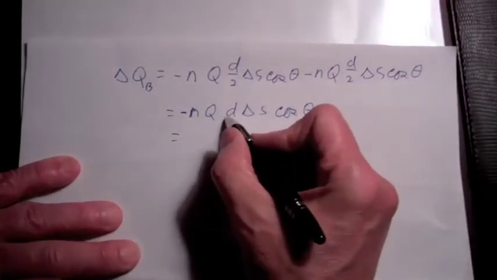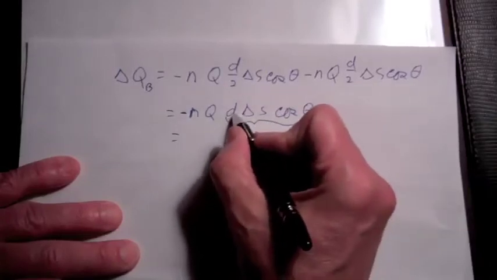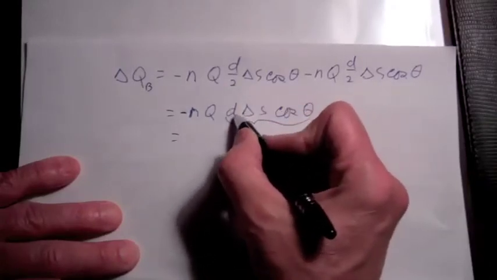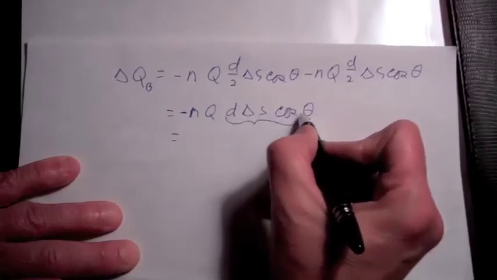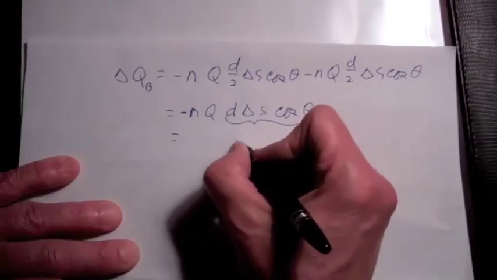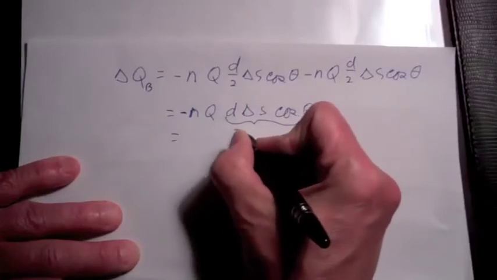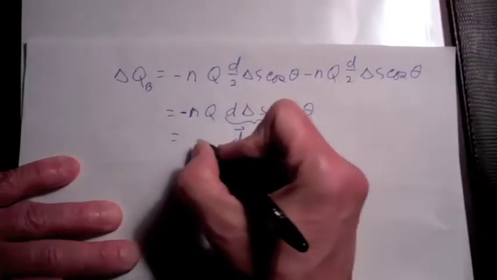And let's recognize that the magnitude of our displacement vector d times the magnitude of our surface element times cosine of theta is just d dot delta s.